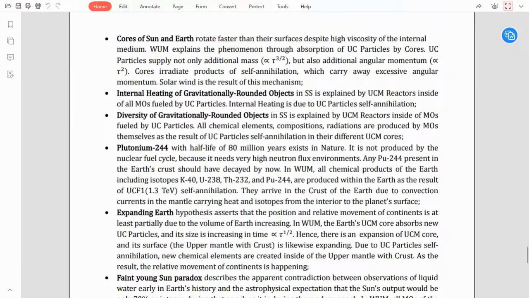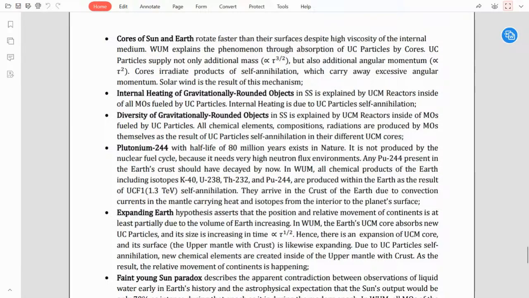Explaining Earth expansion. The hypothesis asserts that the position and relative movement of continents is at least partially due to the volume of Earth increasing. In UCM, the Earth's UCM core absorbs new UC particles and its size is increasing in time proportional to the square root of tau.